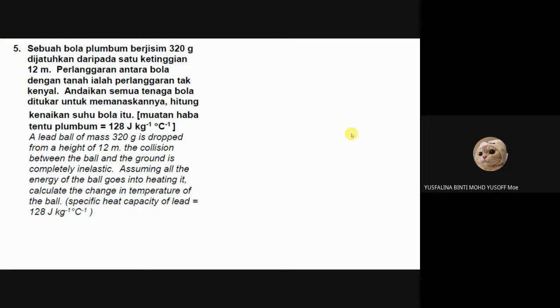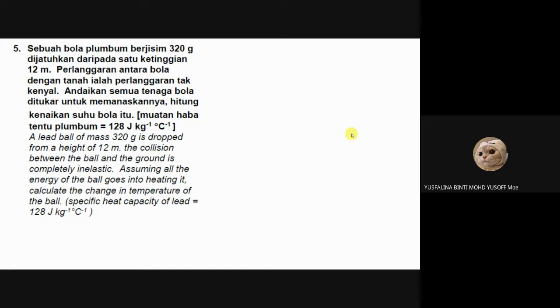For inelastic, who can remember? Yeah, okay. Inelastic, it attached. If it moves separately, that one is elastic, okay.